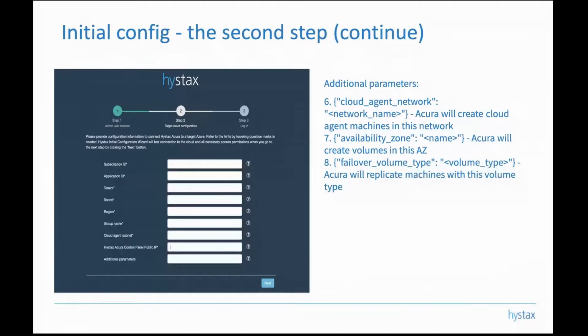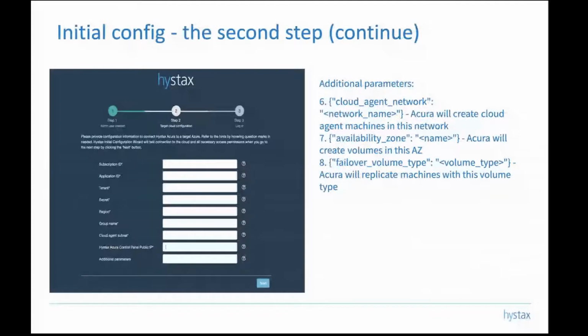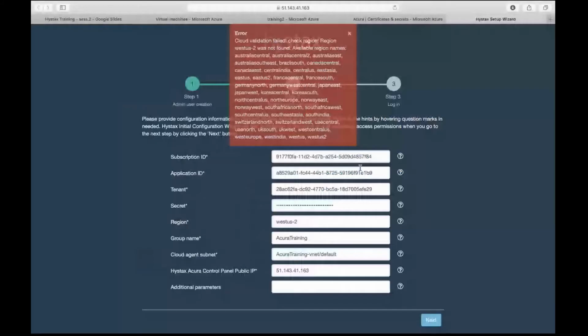So either to use SSD or HDD in some particular cases, like premium SSD by default, and so on. Oh, looks like I missed that it's the list of the regions. Yeah, and my typo here was to use the wrong format.